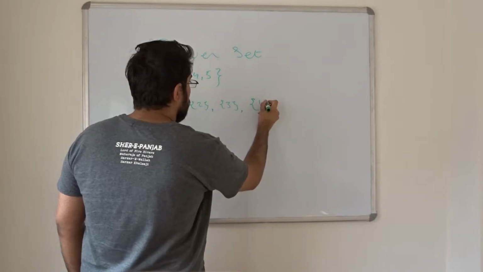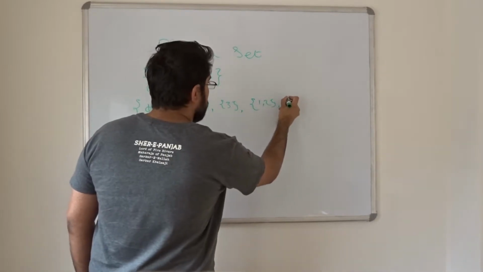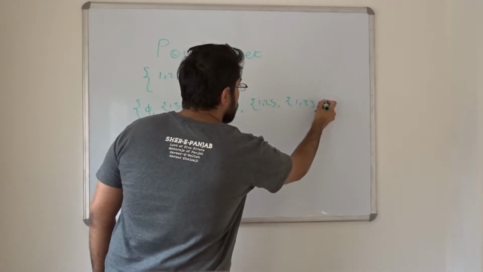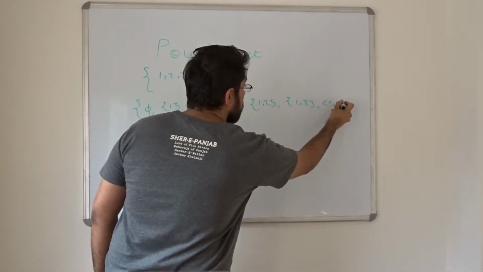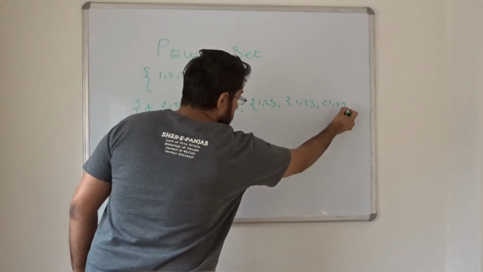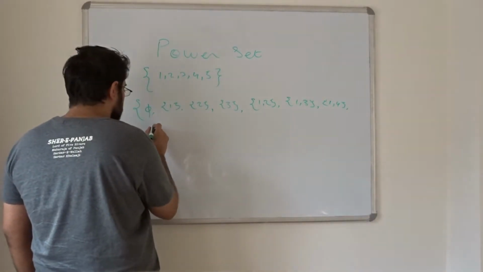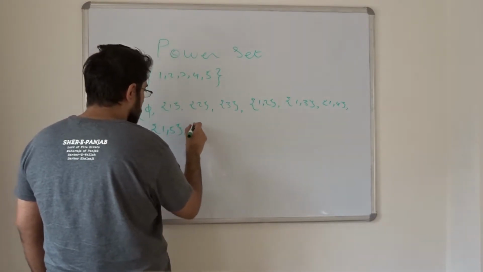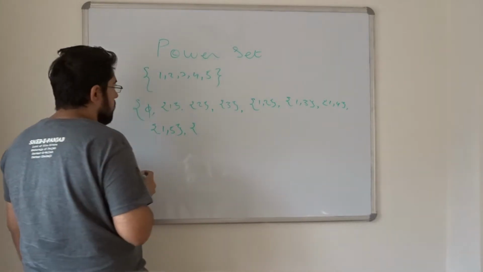You have 1, 2, 1, 3, okay, 1, 4. Okay, this is gonna take quite some time. And then you have 1, 5, okay? And then you're gonna do the same thing.